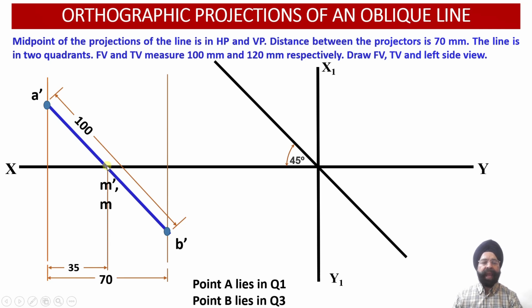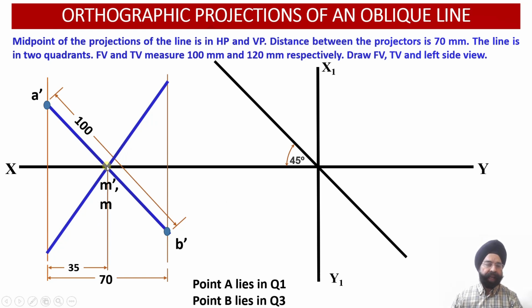So now with point M as the center, we are going to open the compass equal to 60 millimeter, and on this side we are going to mark point A, and on this side we are going to mark point B, such that the distances AM and MB are equal to 60 millimeter each, so that point M becomes the midpoint of the top view projection line AB, which measures 120 millimeter.